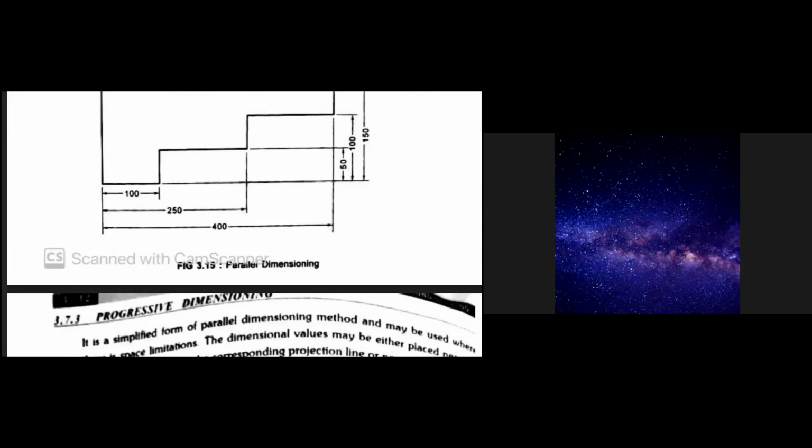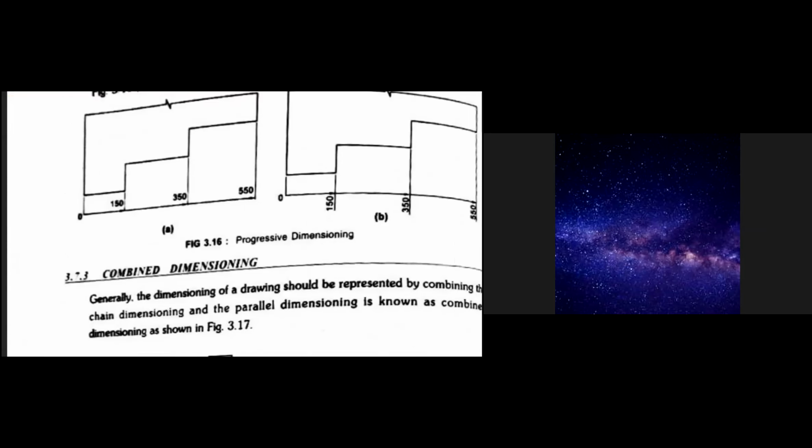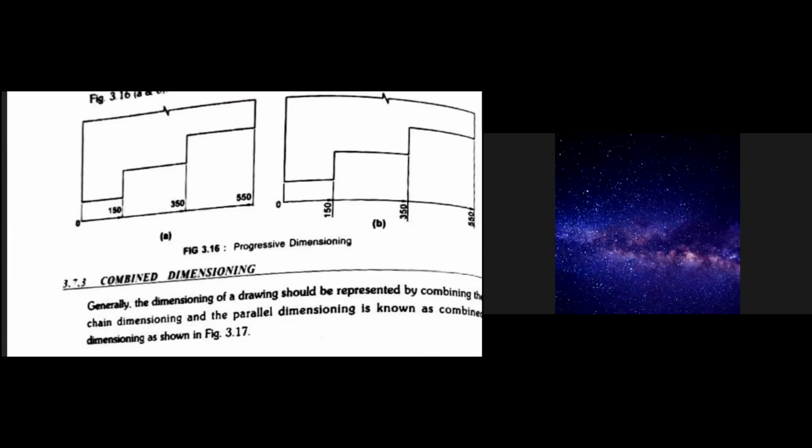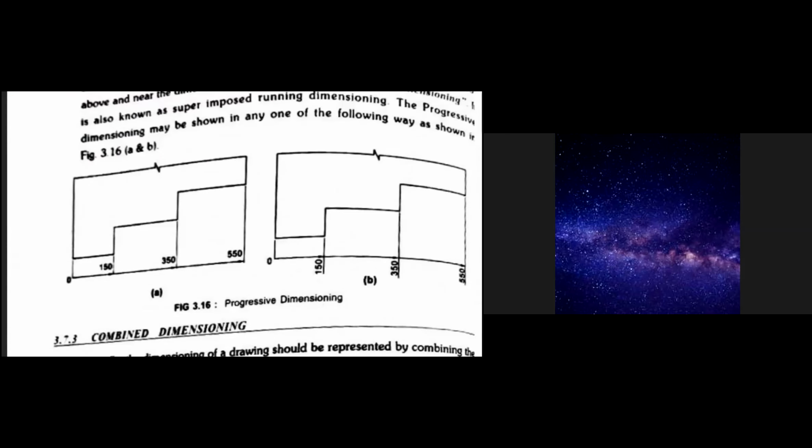And next, progressive dimensioning. In this, the starting point of all dimensioning lines is the same, that is the origin point.